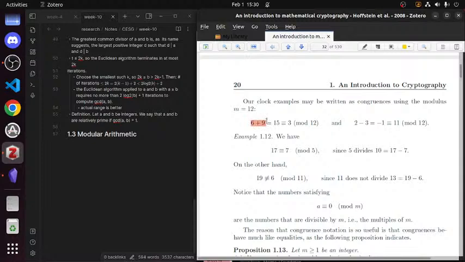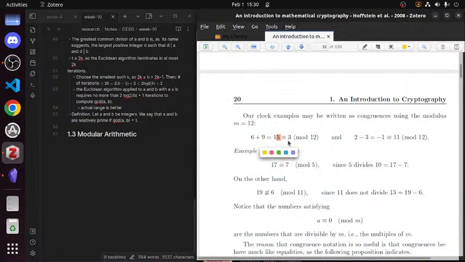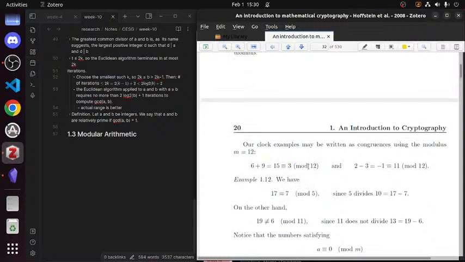So 6 plus 9 equals 15, right? That's the actual number, but it's actually congruent to 3 mod 12. So if you're doing this in the sense where everything has to be mod 12, you only get to have 3. You don't get to know how much the actual number was. And a lot of numbers could be 3 mod 12.